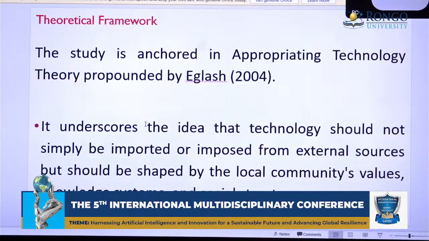We anchored our study using appropriating technology theory, which is propounded by Egler 2004. This theory underscores the idea that technology should not just be imposed from outside, but it should be shaped by the local community's values, knowledge system, and social structure, so that it incorporates the ideology of the community whose language is being documented technologically.